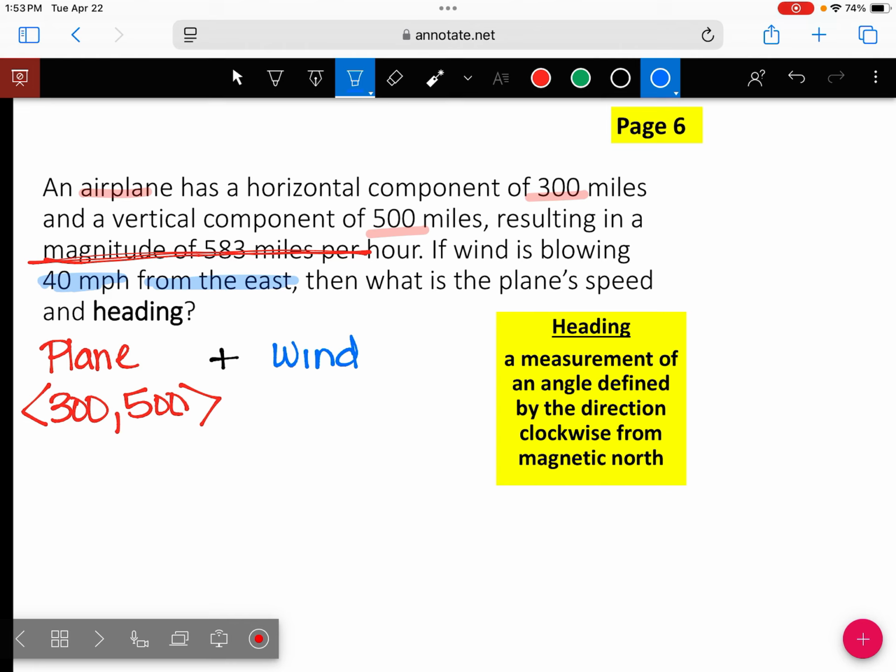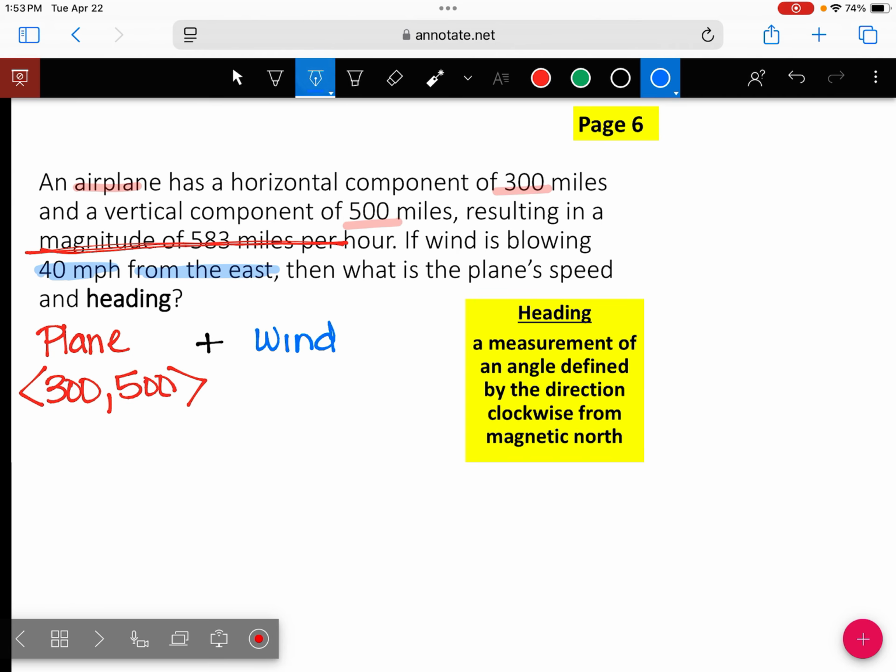It didn't tell me the horizontal and vertical component for the wind, so we have to find that. So in order to find it, for the wind, remember delta x, if we look back at the top of page 3, that's going to be your speed or your magnitude. Your speed is the same as magnitude. So that would be 40 cosine angle and 40 sine angle.